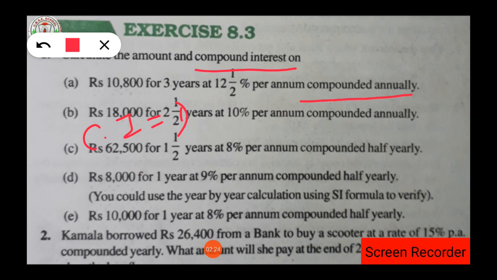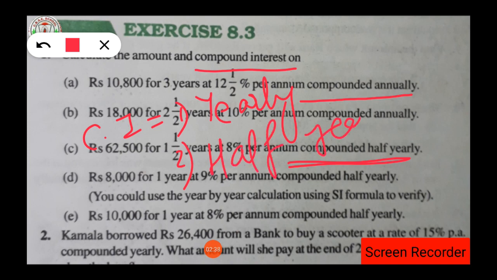Compounded annually, that means yearly: 1 year, 2 year, 3 year, like that. Then compounded half yearly is the second condition in the question. Then the third condition, which is not given in this exercise, is quarterly. So these are the three conditions.